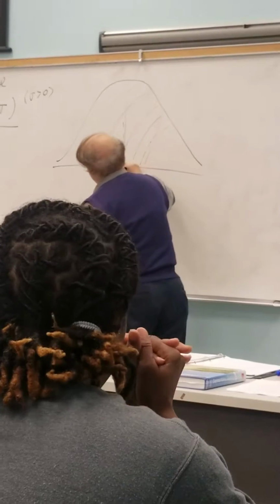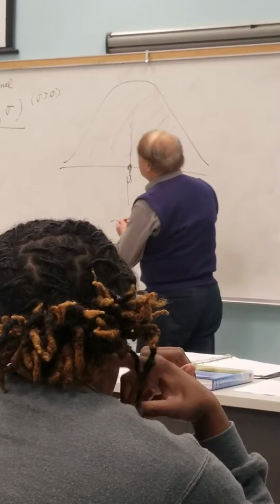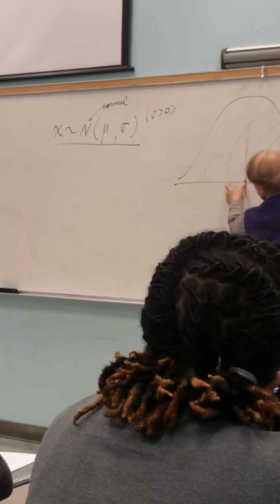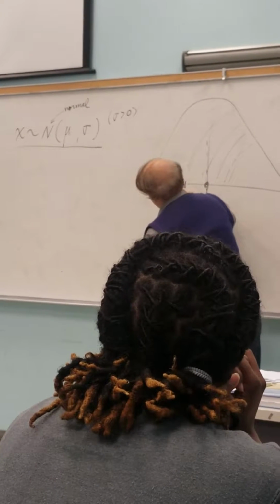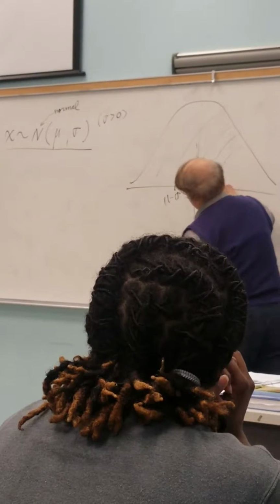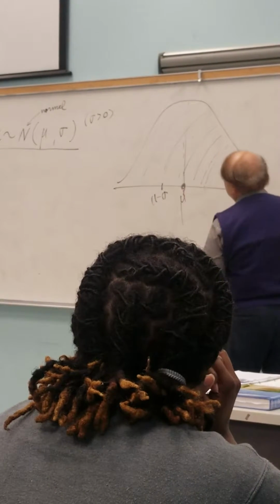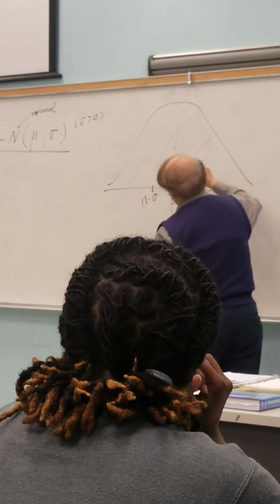Now let's go on. Suppose this point is mu. Then, because the sigma is given, this is mu minus 1 sigma. Here, this measurement is 1 sigma. This is mu plus 1 sigma.